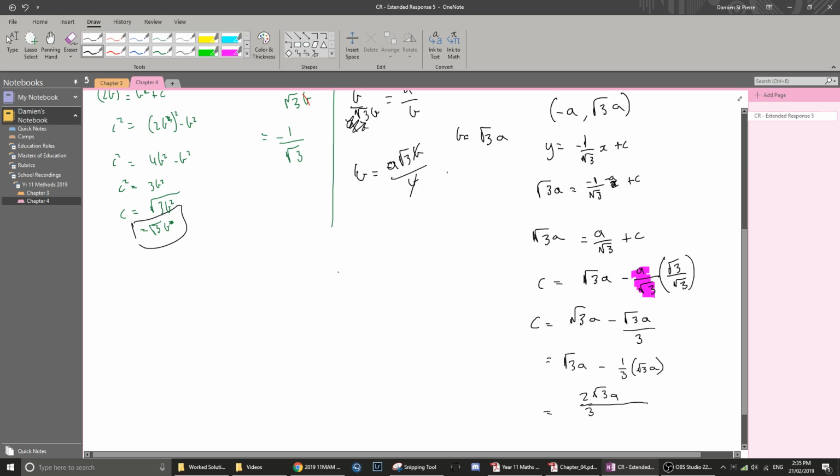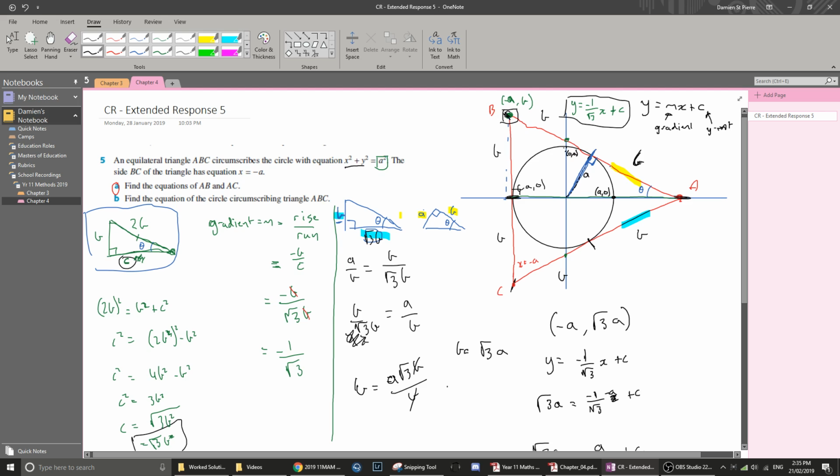So finally, I have my equation y equals -1 root 3x plus 2 root 3A on 3. Okay, so I have an equation for this line, this yellow highlighted line.